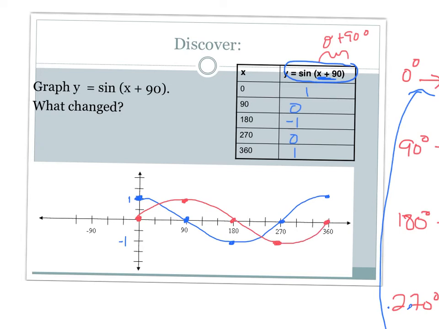And I'm going to extend the blue graph back to -90 degrees. We know that's the same as 270, so the blue graph is 0 at 270. What I want you to look at is that these are both the same shapes, but the only difference is the starting point right here.